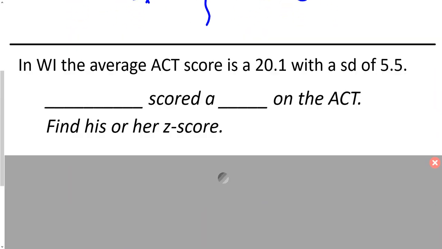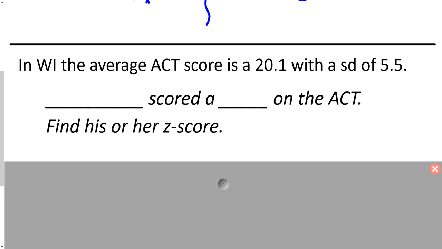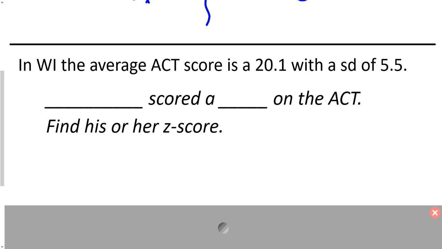Now, how will this be used? Okay, so let's just say in Wisconsin, the average ACT score is 20.1 with a standard deviation of 5.5. So let's pick somebody. Let's just say Mike. You got this guy named Mike. Mike scored a 28 on the ACT. Find his z-score.